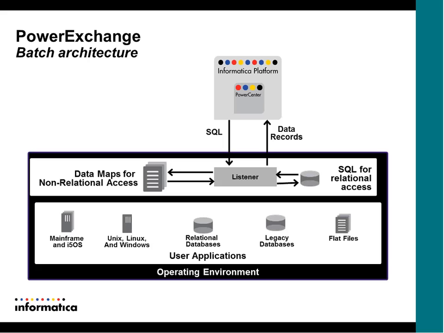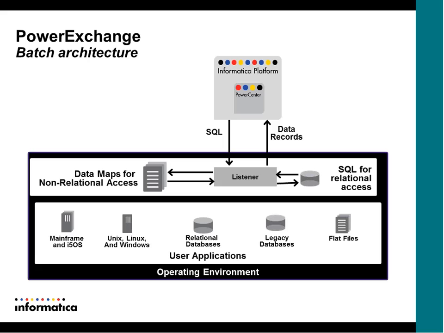So there is a component of PowerExchange that runs on the Informatica PowerCenter platform, on the integration service, and that component communicates with PowerCenter and then also communicates via TCP/IP with the PowerExchange listener. And then the listener spawns a separate process that connects to the database that is being accessed, whether that's on the mainframe, or on Unix, Linux, or the AS400, which are the sources.